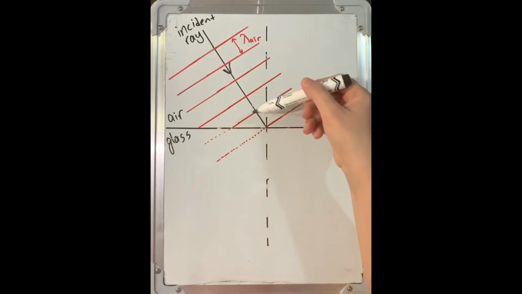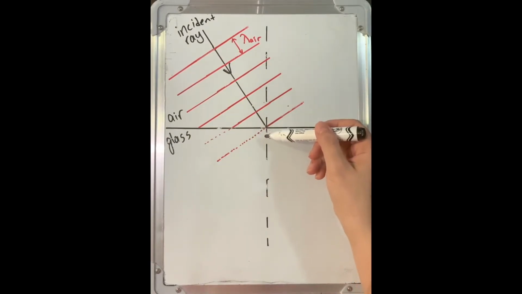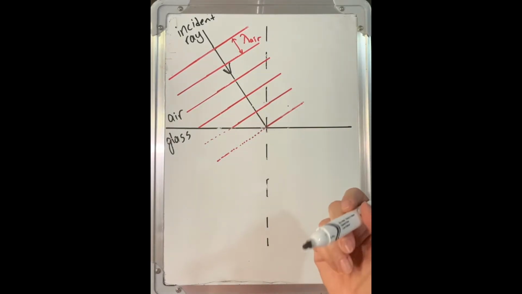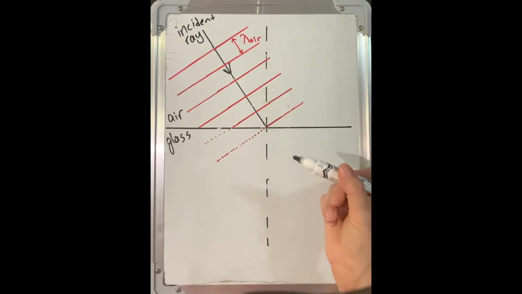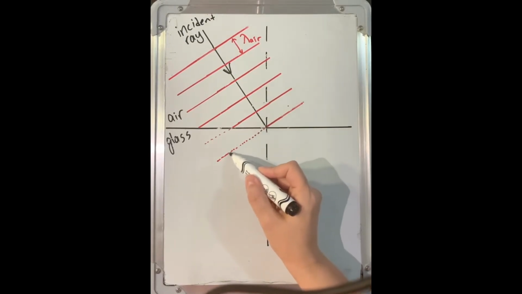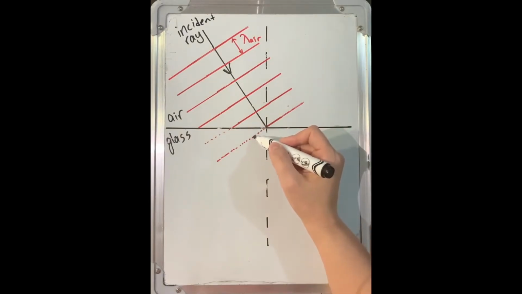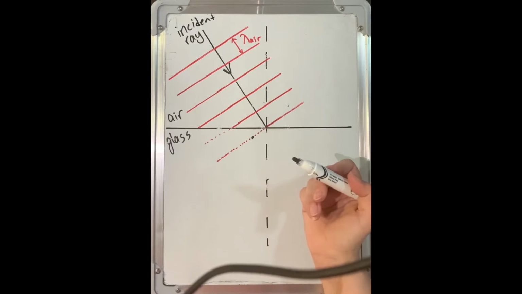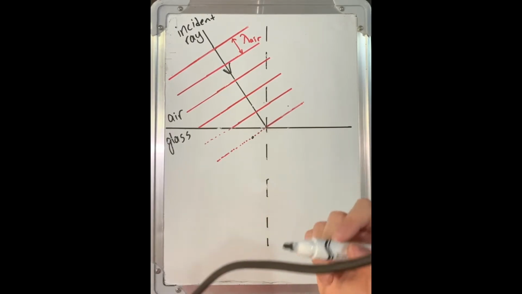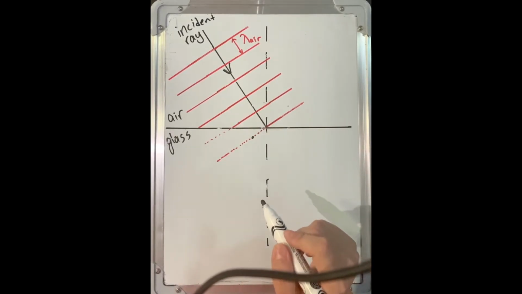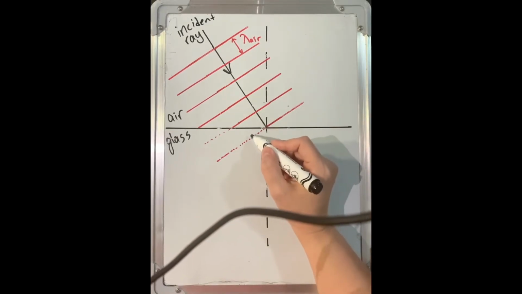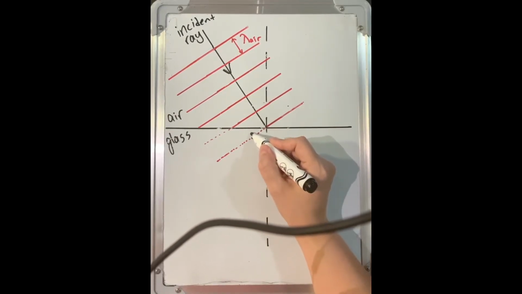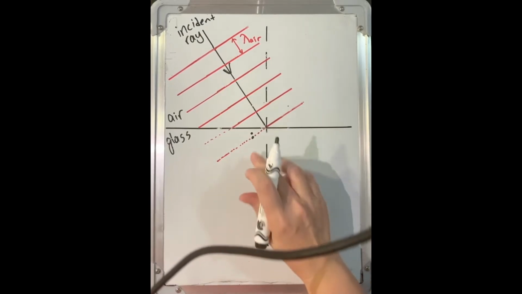The wavelengths that reach the boundary first are the ones that will experience the slowdown first. So instead of continuing this way, this point, for example, on this wavefront, cannot travel as it would if it stayed in air, but instead it's in a more dense medium, so it will travel less. So maybe instead of that point, it's going to be over here.